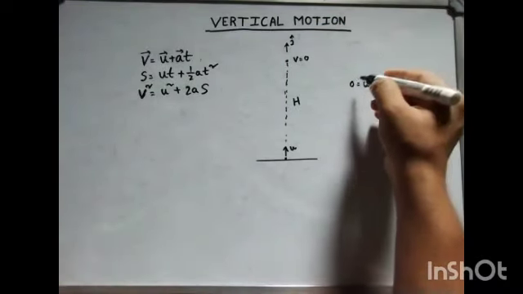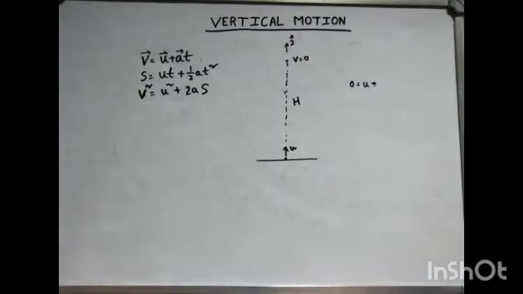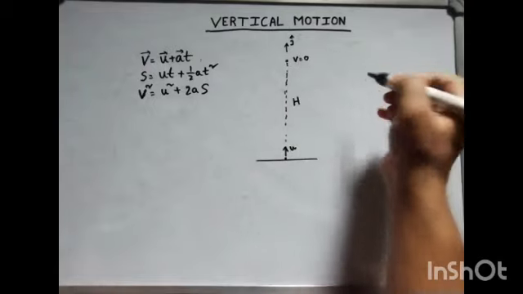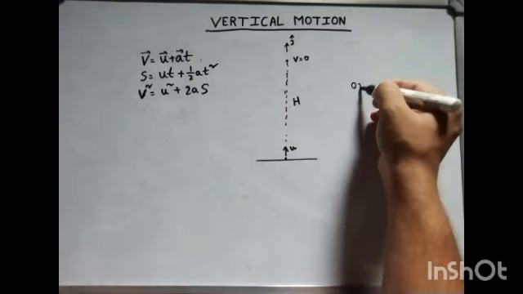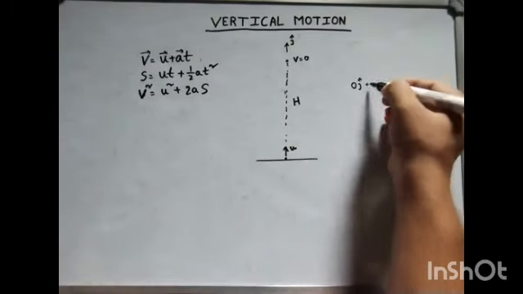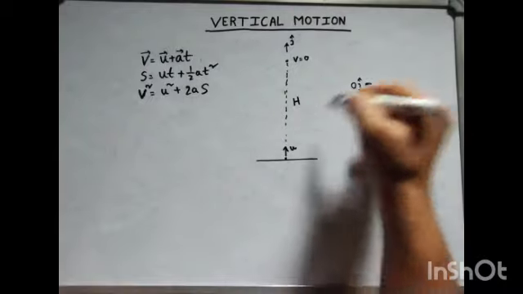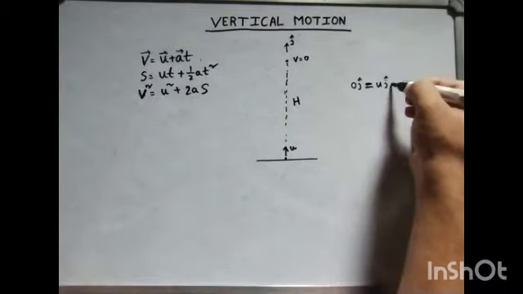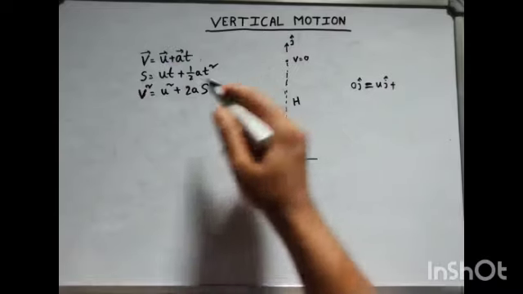So the final velocity vector will be 0 j cap, equal to initial velocity u, this is also towards j cap, so u j cap, plus a vector.